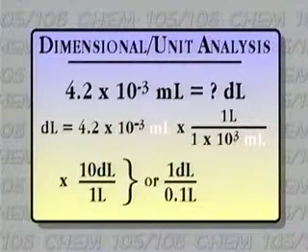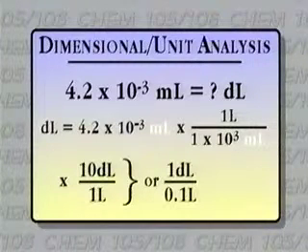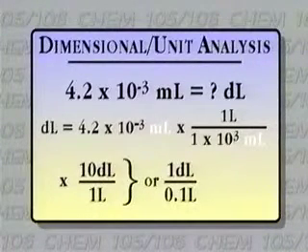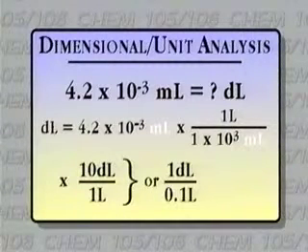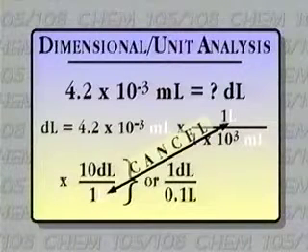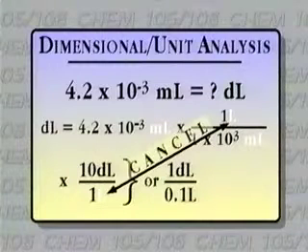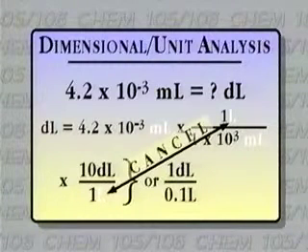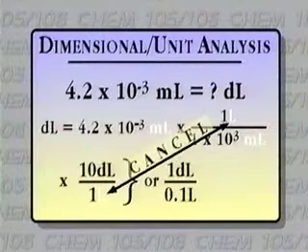A deciliter is a tenth of a liter. We could write it that way, or we can write that there are 10 deciliters in 1 liter. Again, doesn't make any difference. Our number will come out the same. So at this point, we see that we asked for deciliters. Notice that all of the units are gone on the right-hand side except for deciliters. Therefore, the problem is set up correctly.